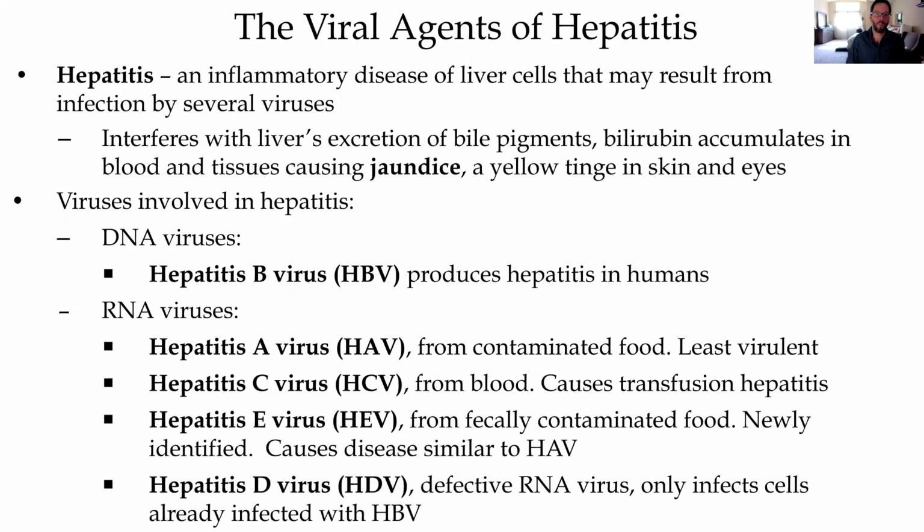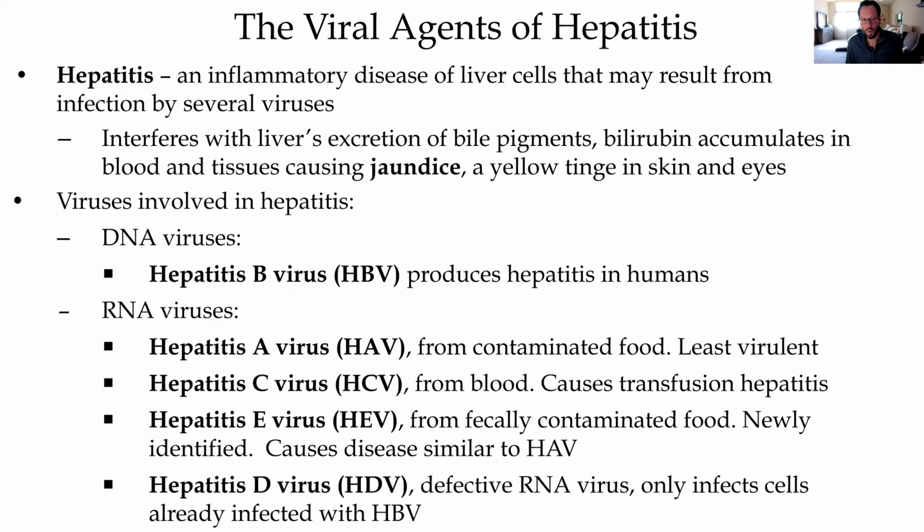Now, it does get a little bit confusing because hepatitis A, C, E, and D are all RNA viruses. So not all hepatitis viruses are these double and single strand DNA viruses. Some can be RNA, and the reason they're called hepatitis is because of the tropism. Just like chickenpox isn't a pox virus, it's called chickenpox because of the manifestation of it. These hepatitis viruses are called hepatitis because they are infecting the liver.